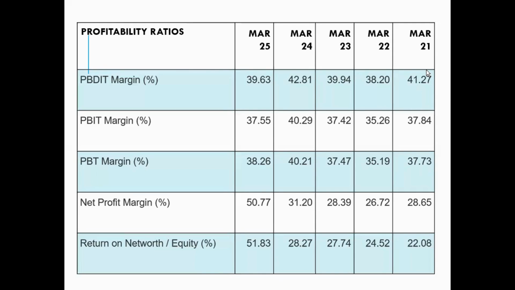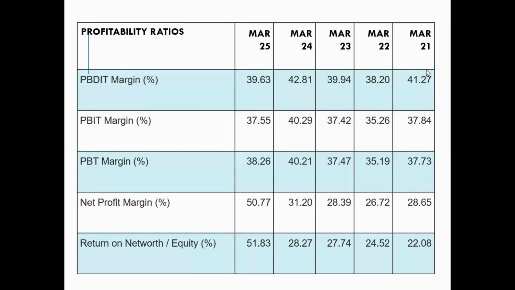PBIT margin is 37.50, 40.29, 37.42, 35.26, and 37.87. Net profit margin is 31.77, 31.20, 28.90, 26.27, and 28.65.